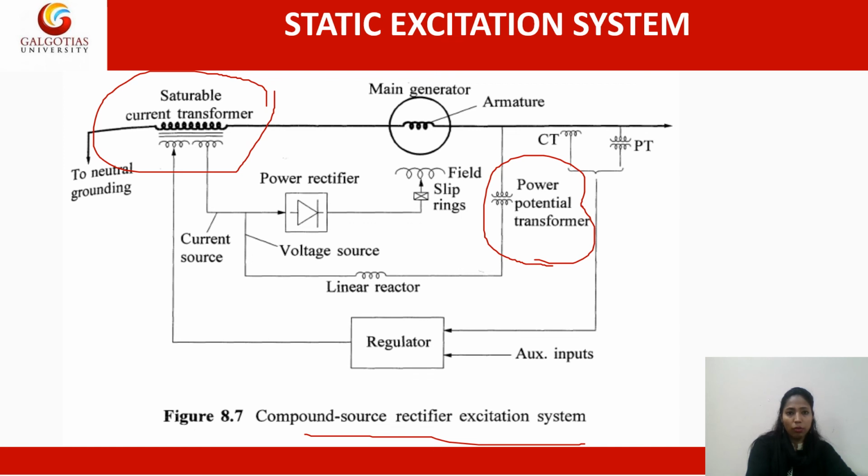Voltage regulators are used to control the output of the excitation system. This is also a static excitation system, called a compound source, where both the voltage source and the current source are involved as input to the excitation system.